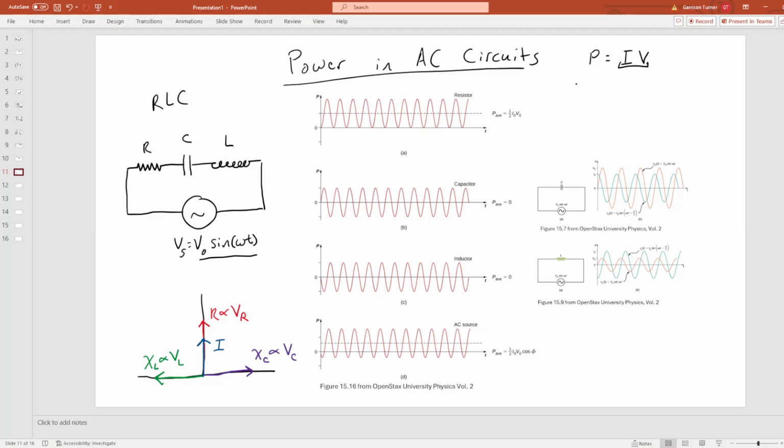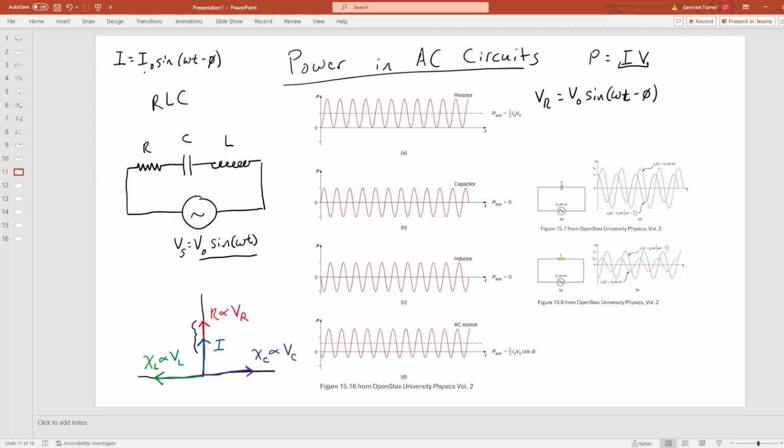So if P equals IV and my current is equal to this sinusoidal signal, then for the resistor, that must also be the form of the signal for the voltage across it because these are in phase.